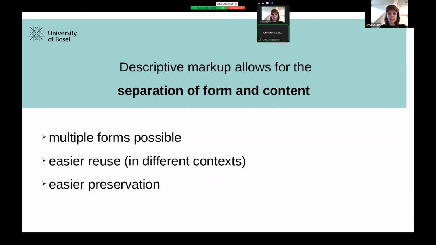So this is possible because we separate form and content, source and presentation. And when this is the case, it is also much easier to reuse and preserve our digital resources because they are not dependent on a specific environment to be run, to be rendered, but they are software and hardware independent.